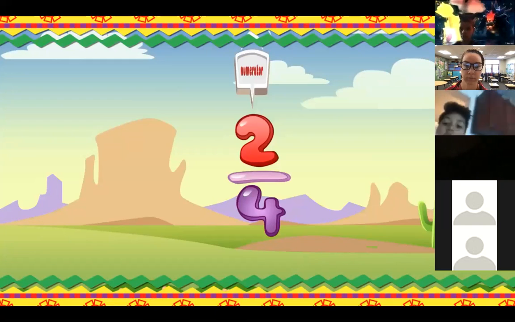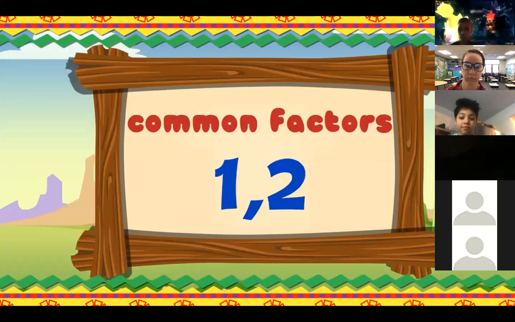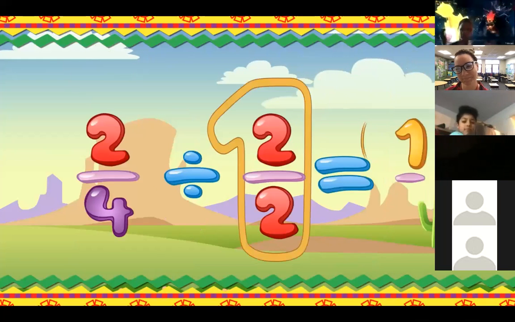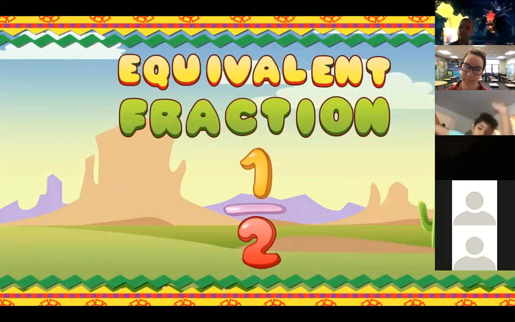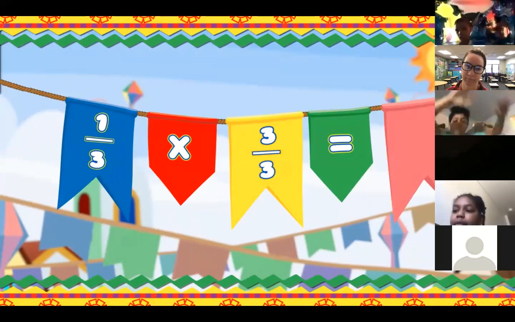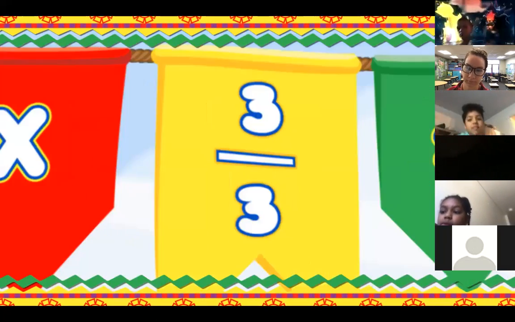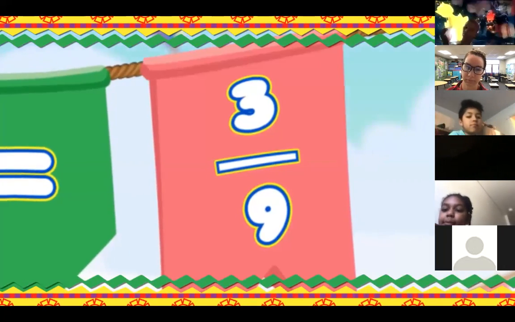If the numerator and denominator share a common factor, then you can divide the top and bottom by the same number, and say with satisfaction we found an equivalent fraction. And you can multiply the top and the bottom by the same number, which is really a fraction whose value equals 1. And through this action we find an equivalent fraction.